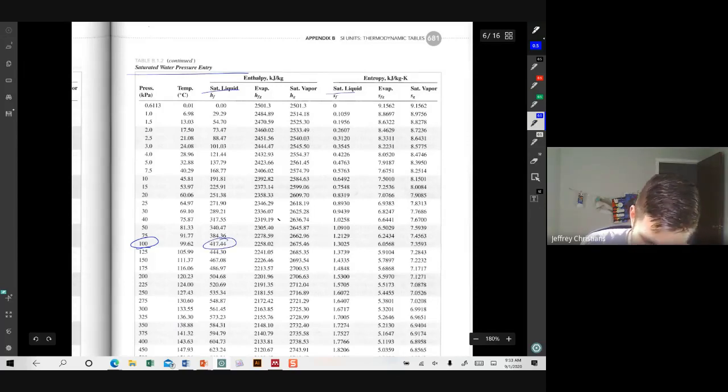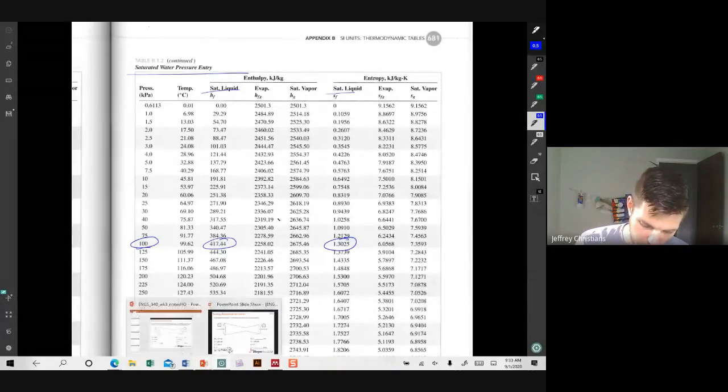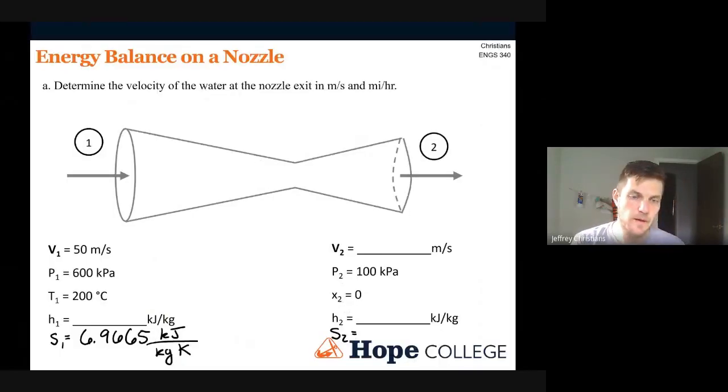So this is where we got our enthalpy, 417.44. And this would be our entropy, 1.3025. So we look them up. We look up entropy the exact same way as we look up specific volume or enthalpy. We look all of these things up the exact same in our tables. It's just the column S.